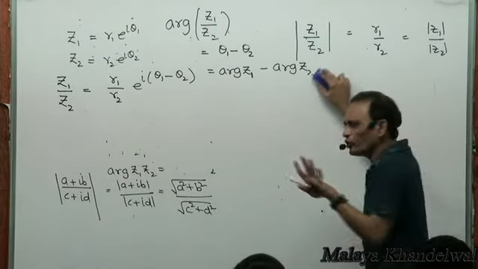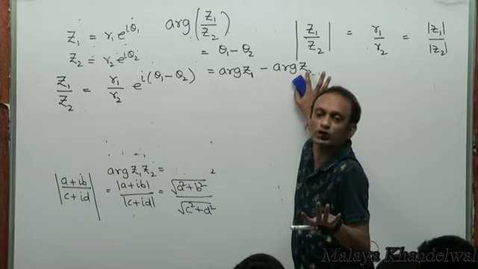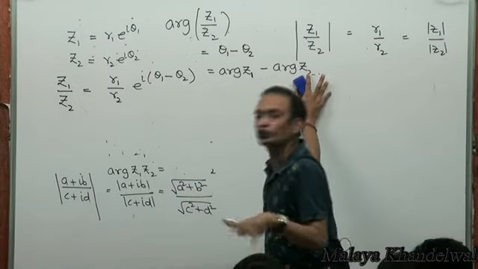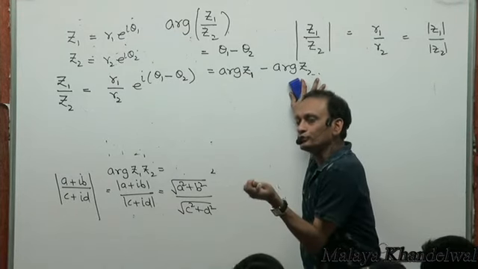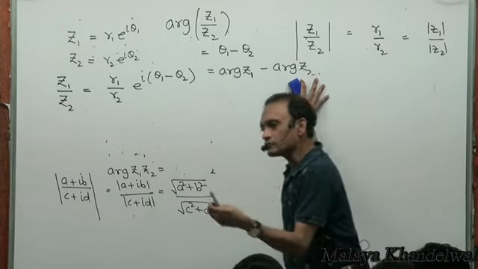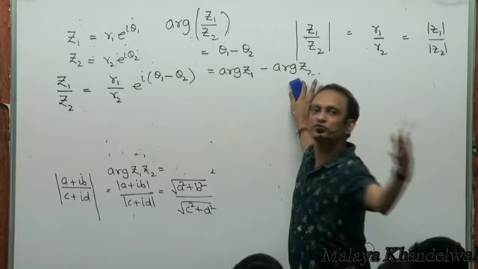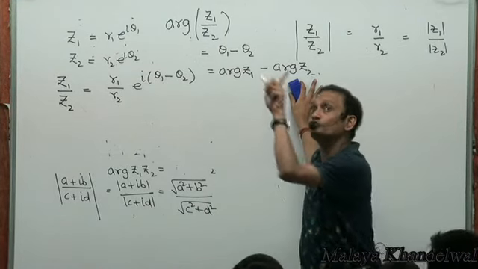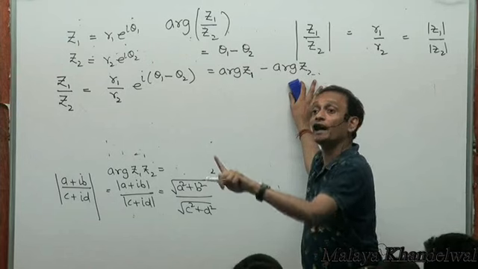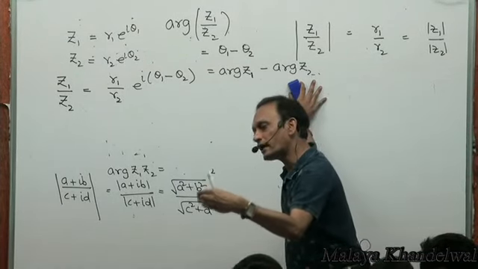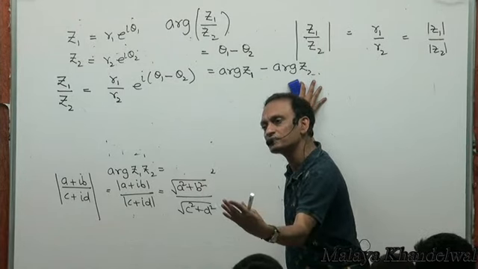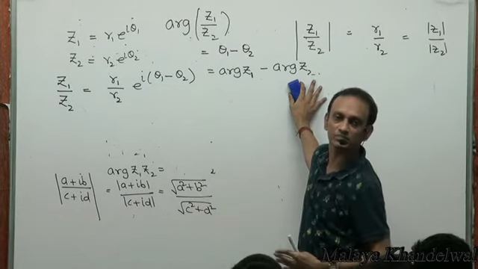First of all, there is nothing cardinal about a principal value of the argument of a complex number. It's just one value with which we can relate no matter where we are and what we are doing. If we want to talk of one value of the argument and we want to talk of the same value, then we choose a value which lies in the interval minus pi to pi, and we call it the principal value.